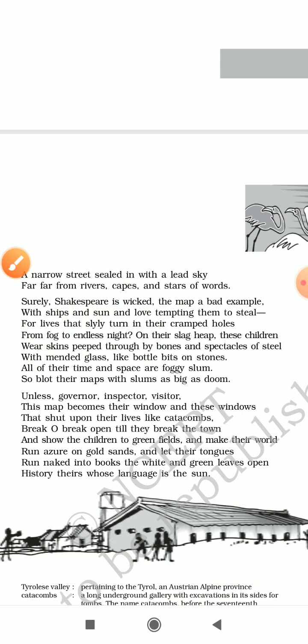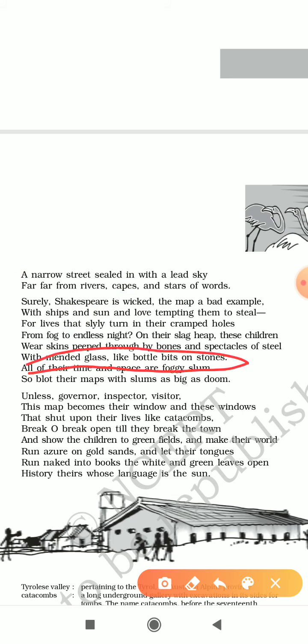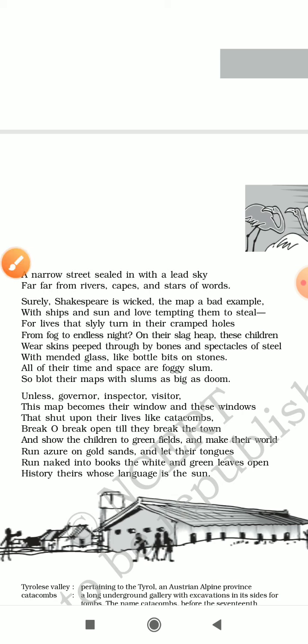The next question can be asked: explain all of their time and space are foggy slum. So all of their life and time and space is also foggy slum, because they have to spend all the time in the unhygienic conditions of the slums, and their time is also there, space is also there. So that's the explanation.